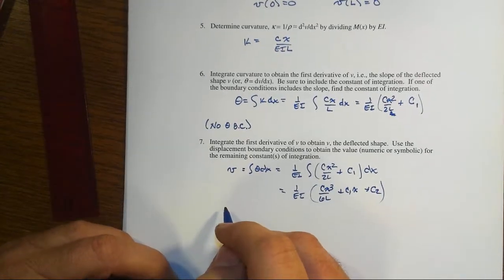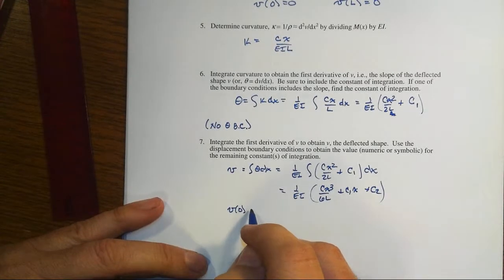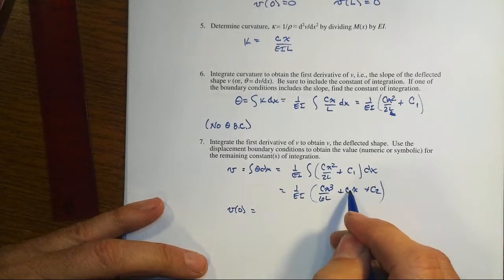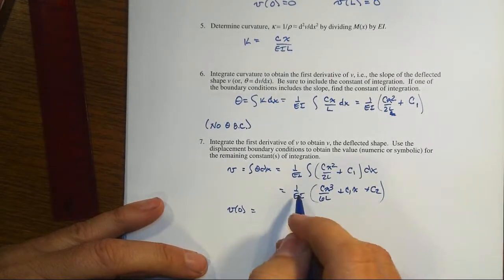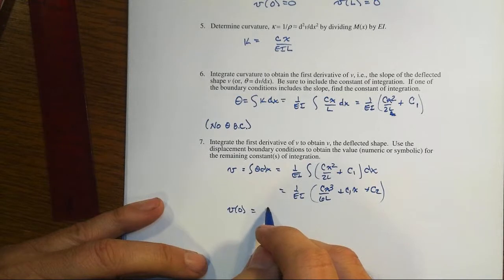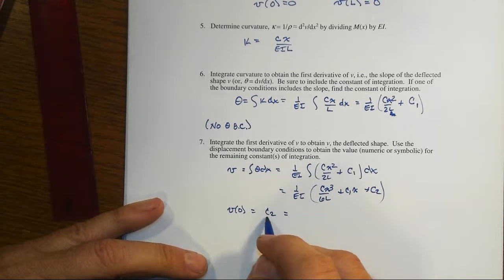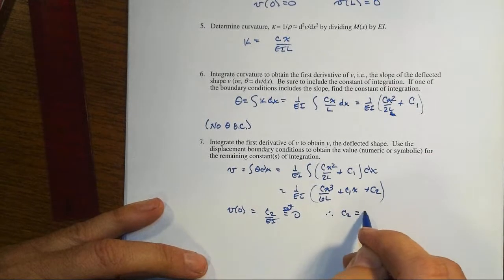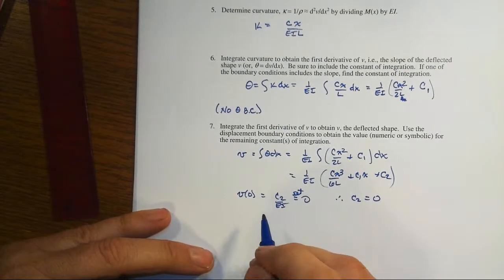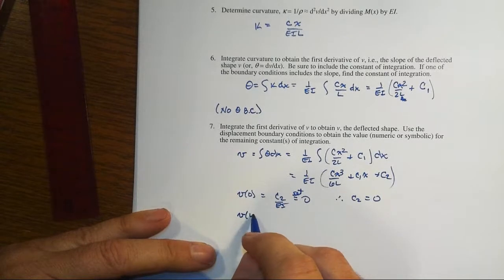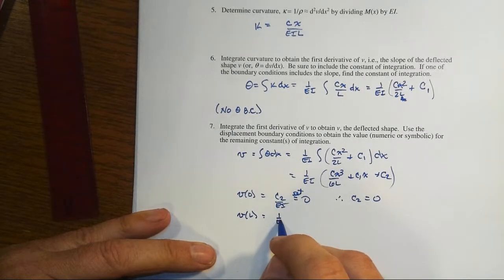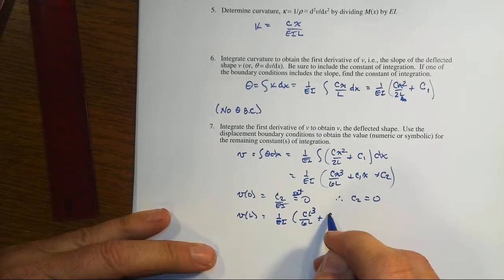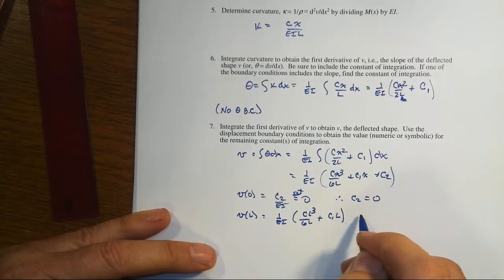And now we can go evaluate using our boundary conditions and find those constants of integration. V at 0 will equal, there's a 0 here, there's a 0 there, and the 1 over EI will go across, so C2 over EI is going to be equal to 0, therefore C2 equals 0. Always like it when constants go away. And then V at L will be equal to 1 over EI times CL cubed over 6L plus C1L, C2 is 0.